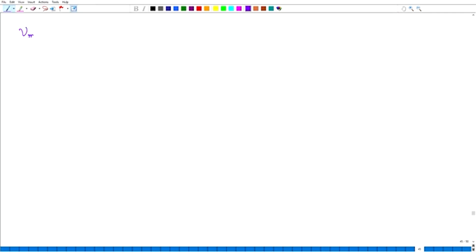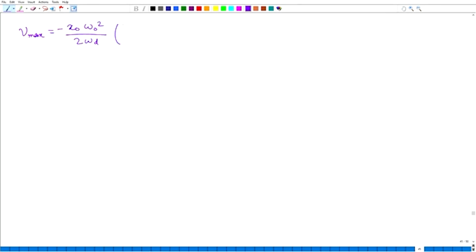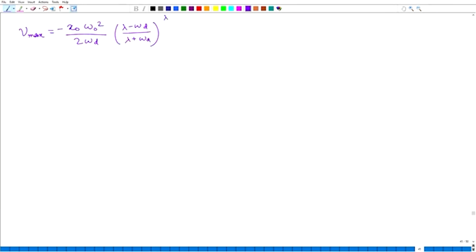So, V max will be equal to x 0 minus x 0 omega 0 square by 2 omega d, then the first factor is this one, where I take this minus off, so that the numerator will go to the denominator and the denominator will go to the numerator and vice versa. So, (lambda minus omega d) by (lambda plus omega d) whole to the lambda by 2 omega d.